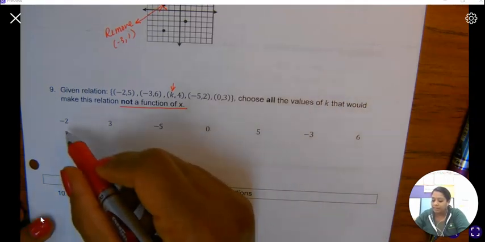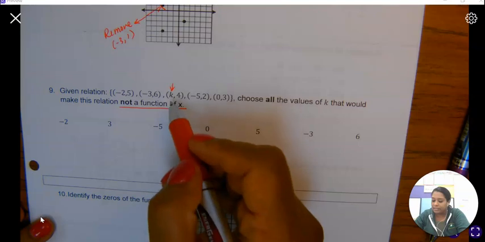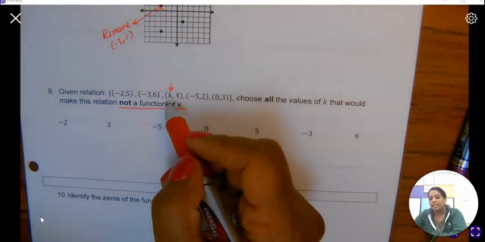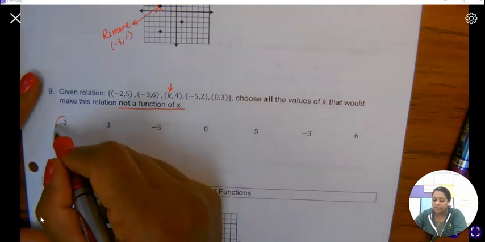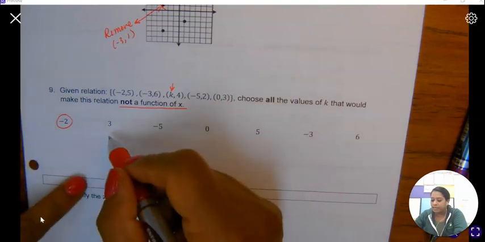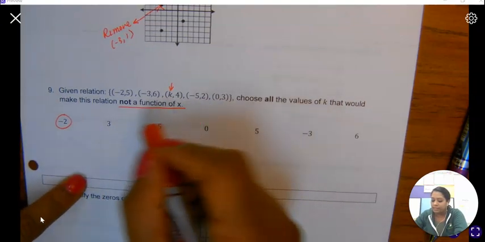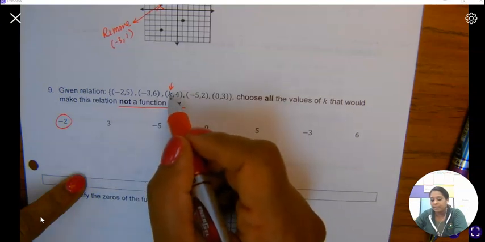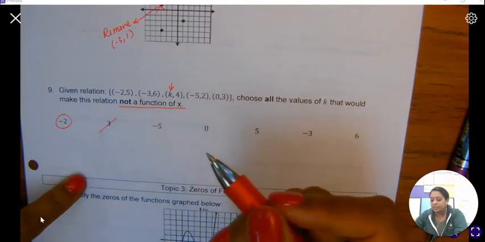So what happens if I plug 2 here? Well, if I plug 2 here, then these two x's would be repeating, so it would not be a function. I'm going to go ahead and pick this. If I plug 3 here, it would still keep it a function, because then 3 wouldn't be repeating. So I'm not going to choose that one.